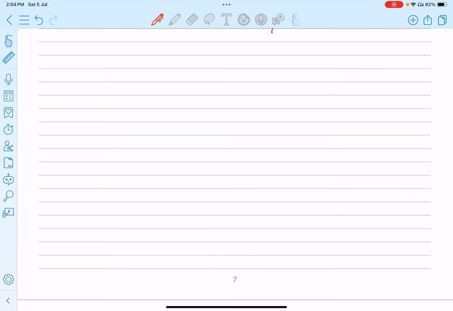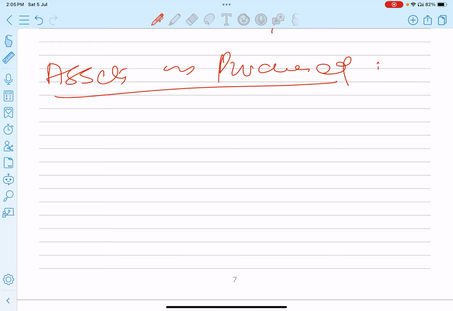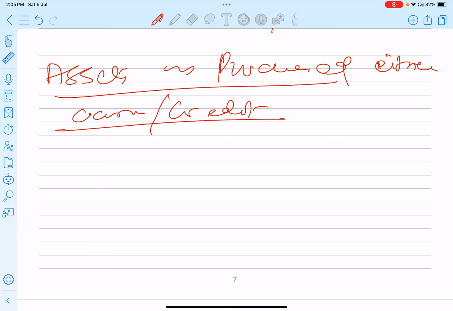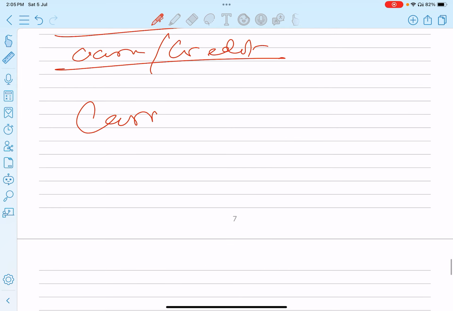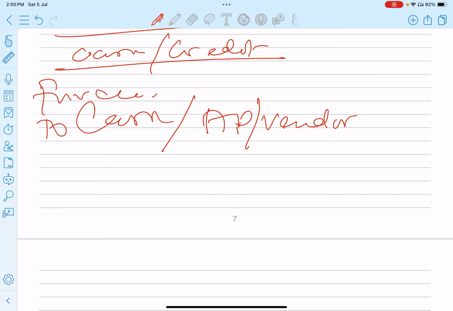Now coming to the entry when you are purchasing any asset. Asset is purchased either on cash or credit. So in that case, if it is cash, then cash, or AP or vendor, to furniture or machinery.